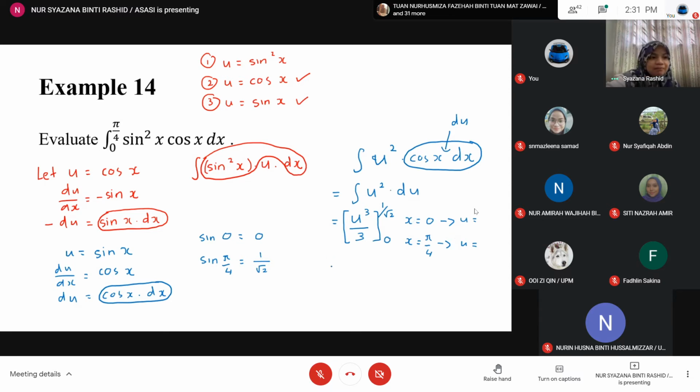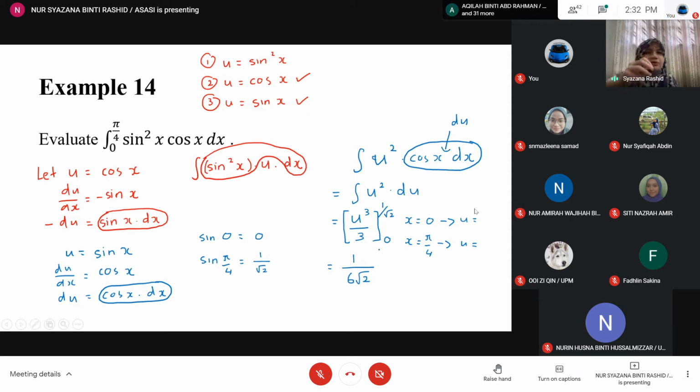Now substitute 1 over square root 2 minus substitute 0. Then your answer will be 1 over 6 times square root 2. You also can write your answer in decimal. I'm giving the exact value, but you also can write the answer in decimal.